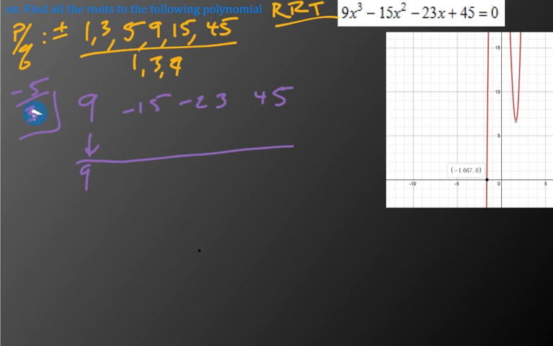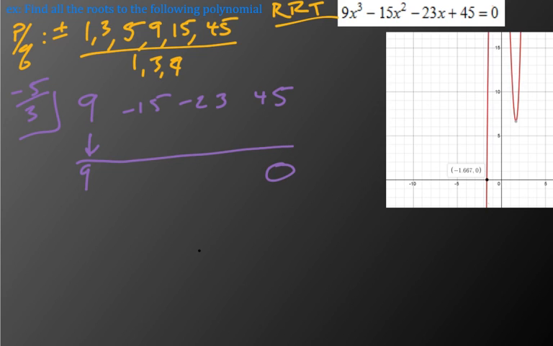So you multiply these, you put that number here, and then you add. And then you'll have a new term, and you multiply this by that, you put that here, then you add. Multiply this and this, put it here, add. And we should get a 0 here because negative 5 thirds is a root. So it should divide in nicely, right?